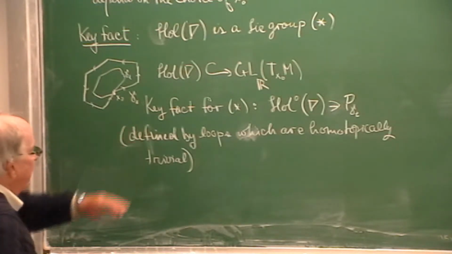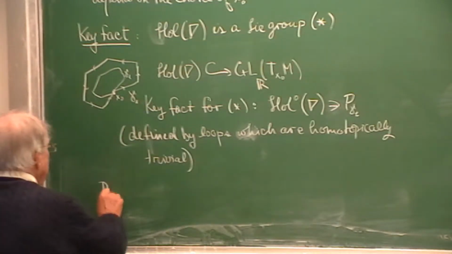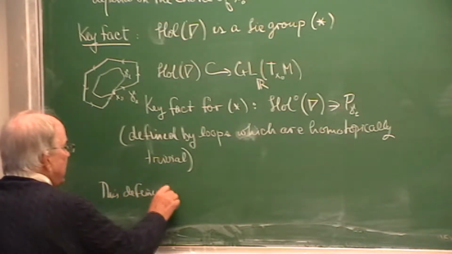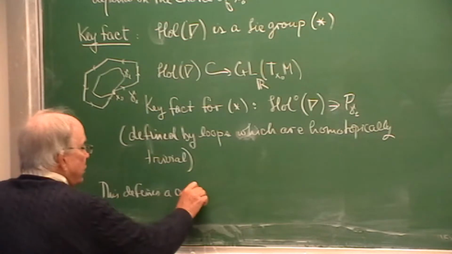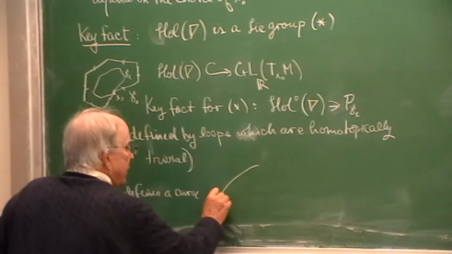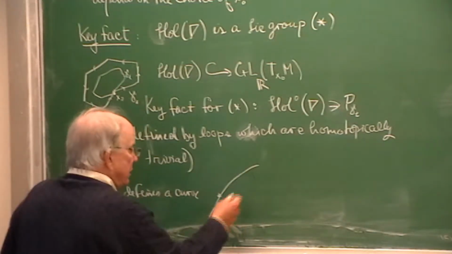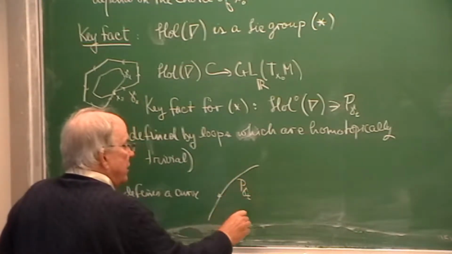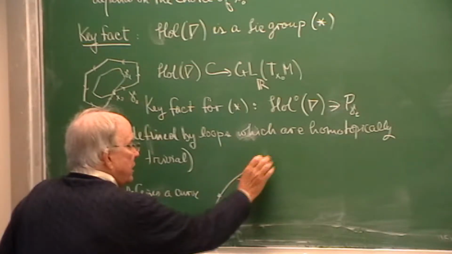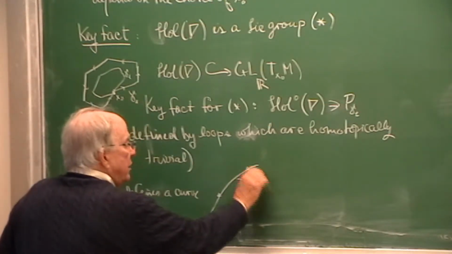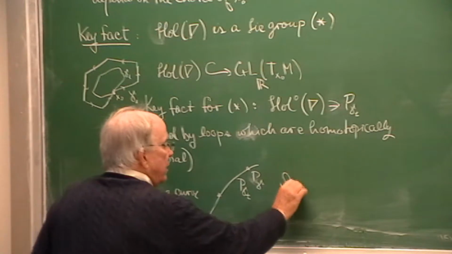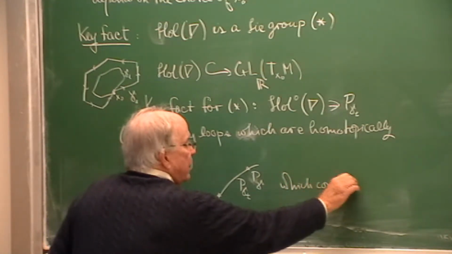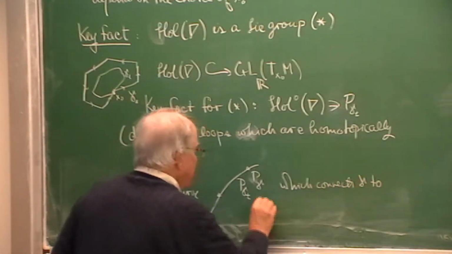This defines a curve, which I'm going to draw like this: P gamma t, here's P gamma, which connects to the identity.